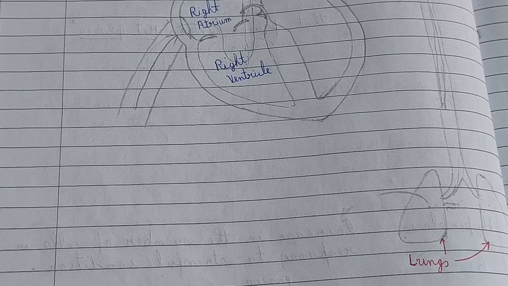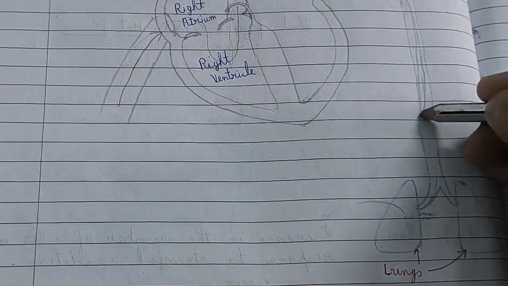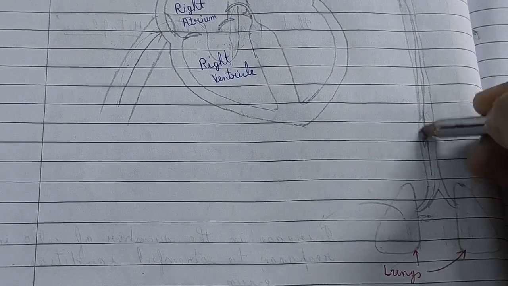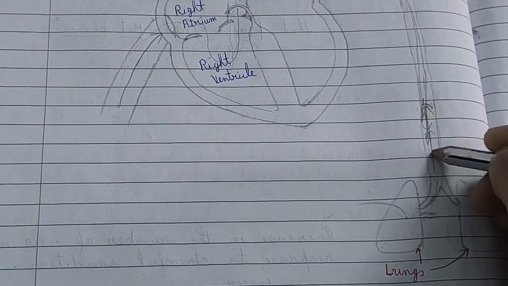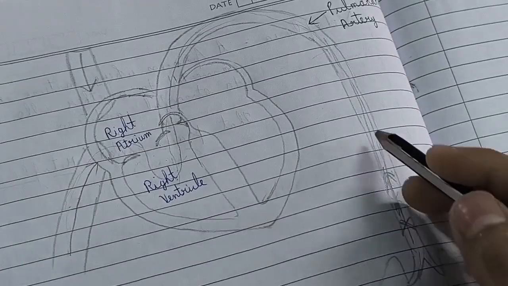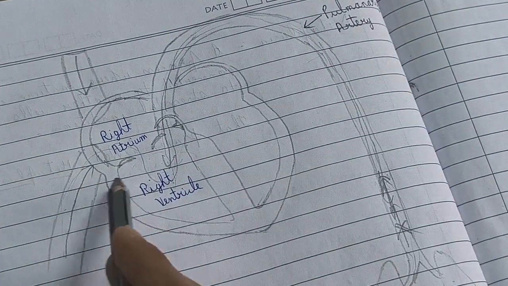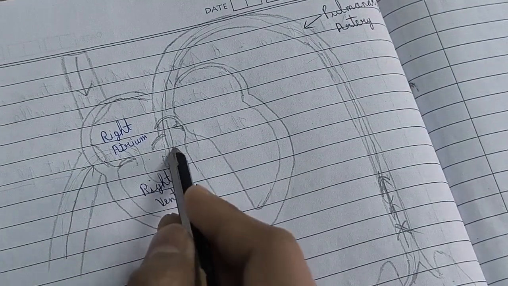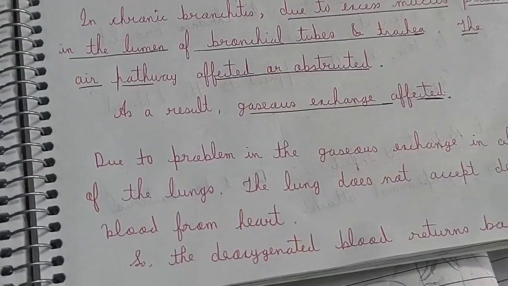The lumen of the bronchi and trachea is blocked, so due to this obstruction the lungs don't accept this blood, and the deoxygenated blood returns back to the right ventricle. From this side also pressure comes, so blood pressure increases in the right ventricle.